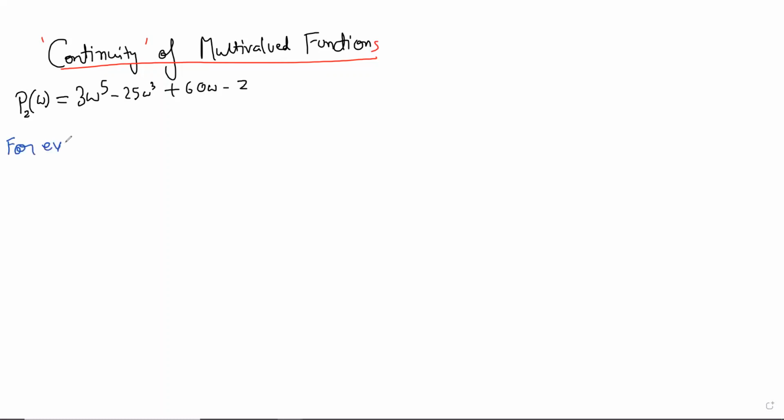For every z, p_z(w) has 5, so not maybe distinct, but 5 roots.